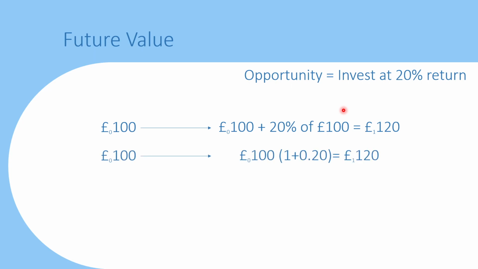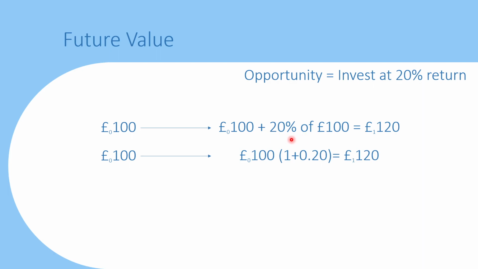So if I were to simplify this in another step, that would be your 100 multiplied by, in brackets, 1 plus 0.20. And this does need to be in brackets because we want to isolate this calculation first. We want to do this bit first and then multiply it by the 100 afterwards, right? And that 0.20 is simply the 20% in decimal format.